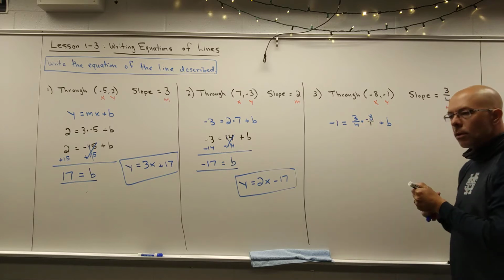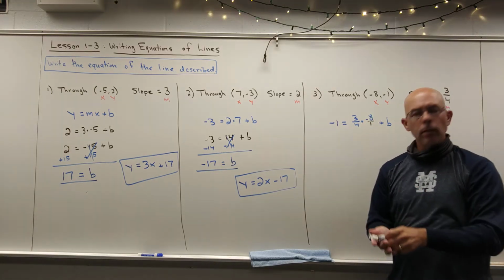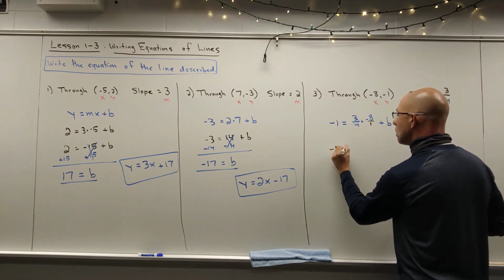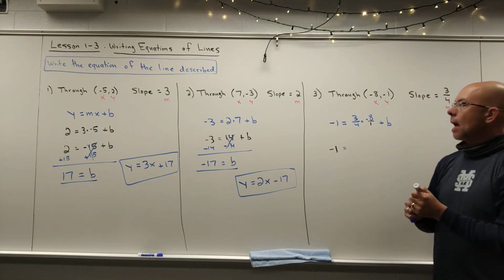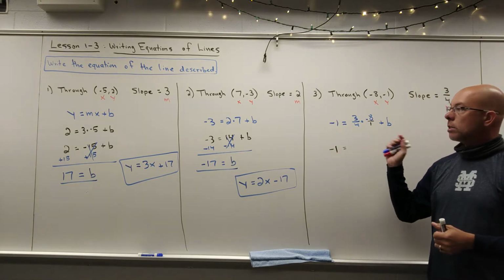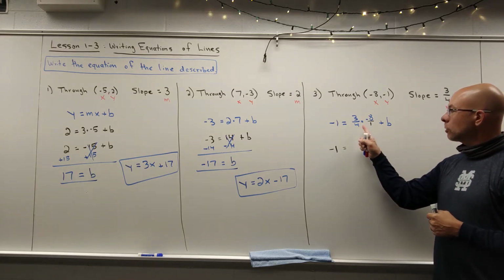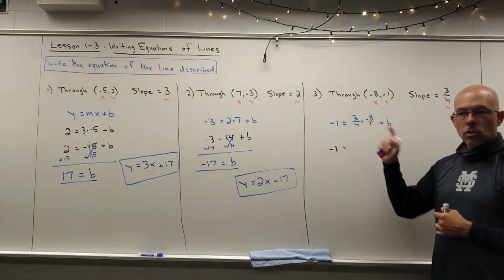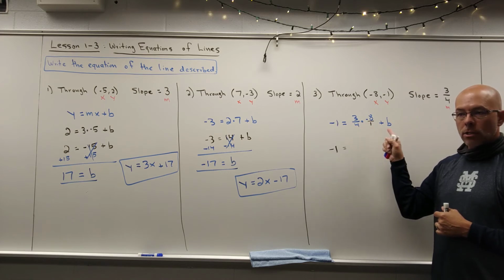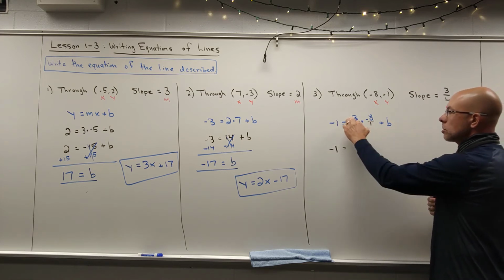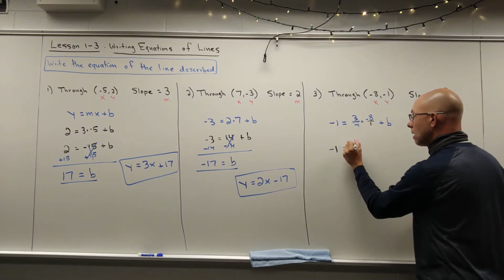And I'm going to do this the way that I wish you could do it on your own. Negative 1 equals. Your next job, as has been in the first 2 examples, is once m and x are in place, multiply them. Folks, fraction times fraction is just numerator times numerator, denominator times denominator, reduce if necessary. So if I multiply the numerator, it's 3 times negative 8, or negative 24.